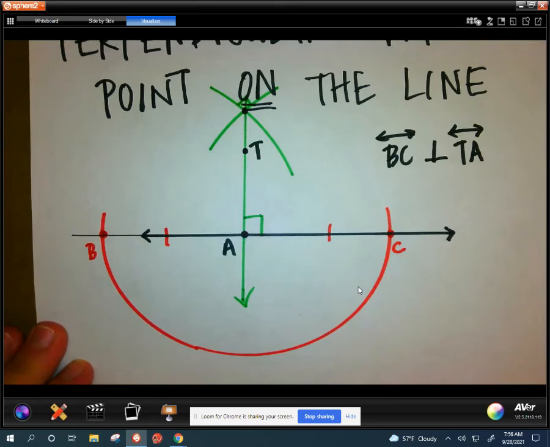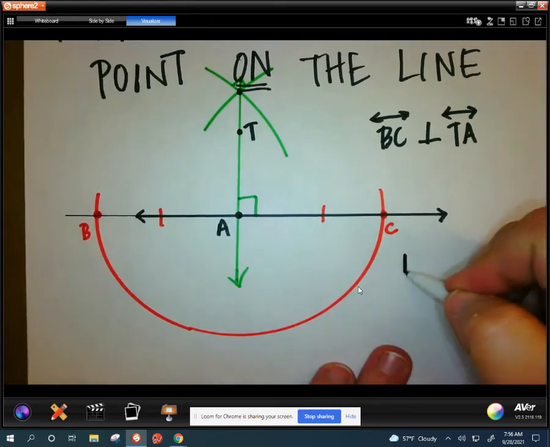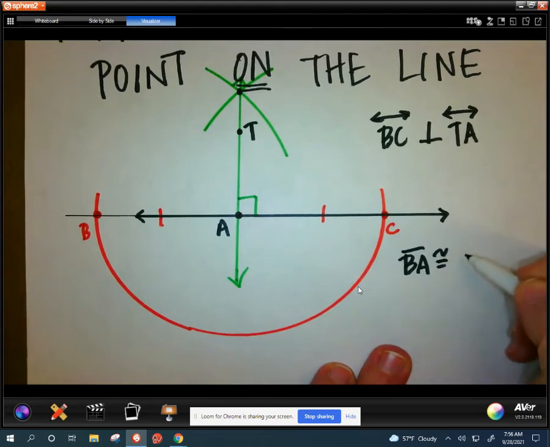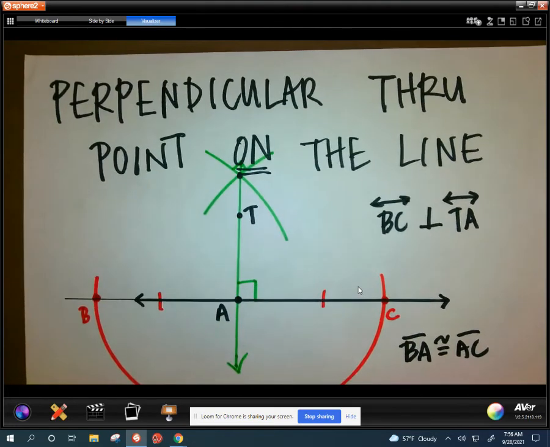Based on how I made the construction, I can make a second conclusion. I can say that BA is congruent to AC, but that really is just the fact that I bisected the line, not that I created a perpendicular line through line BC.